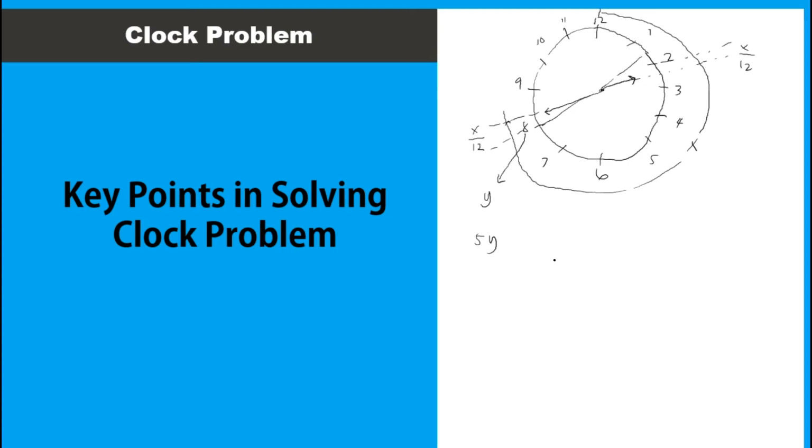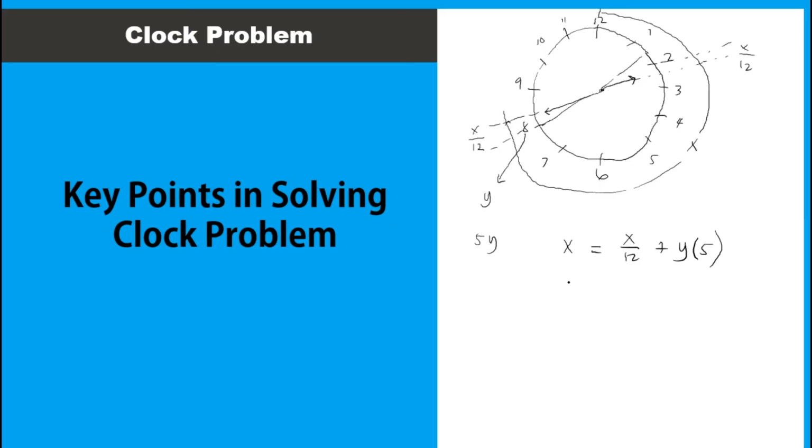So x is equal to x over 12 plus, how many intervals is this, y hours, times, of course this is 5 minute spaces.